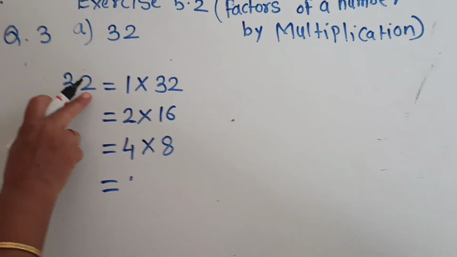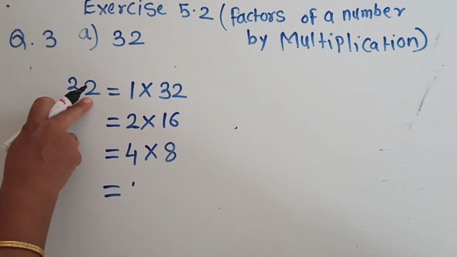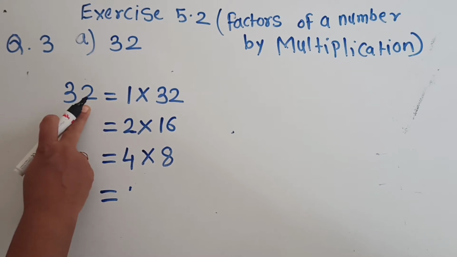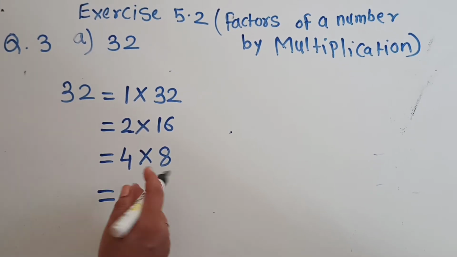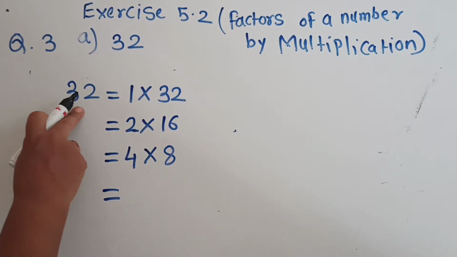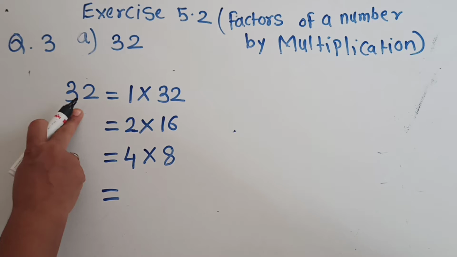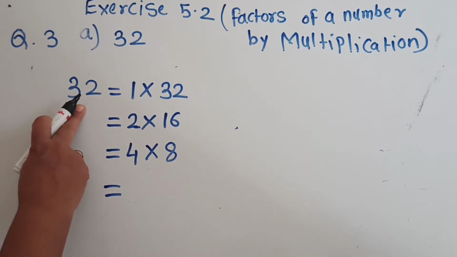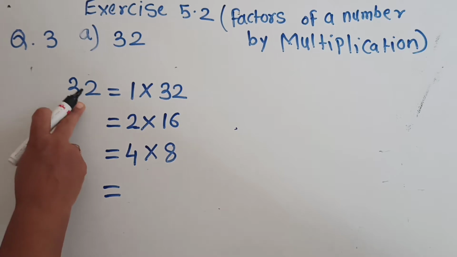But 5 we cannot take because there is number 2 and in 5's table 0 and 5 are coming in the ones place. So 5 is also not possible. Then 6. 6 ones are 6, 6 twos are 12, 6 threes are 18, 6 fours are 24, 6 fives are 30 and 6 sixes are 36.